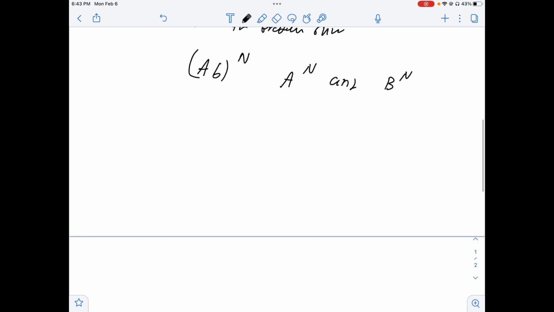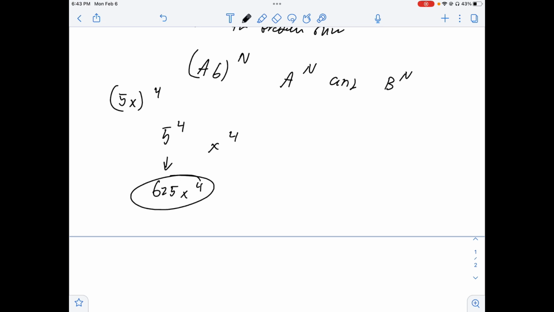For example, if I had 5x in parentheses to the power of 4, I would do 5 to the power of 4 and x to the power of 4. So 5 to the power of 4 is 625, and x to the power of 4 is just x to the power of 4. So my answer would be 625x to the power of 4.